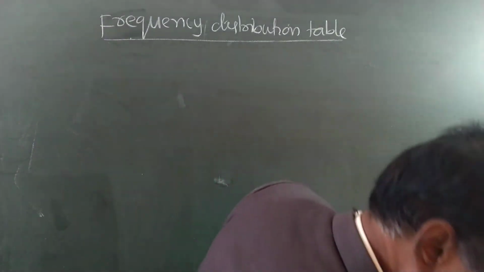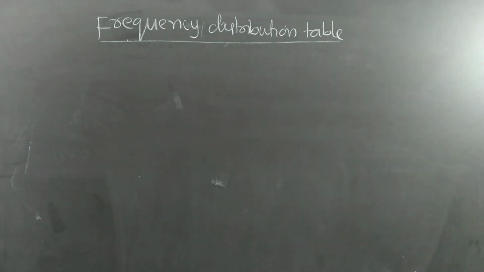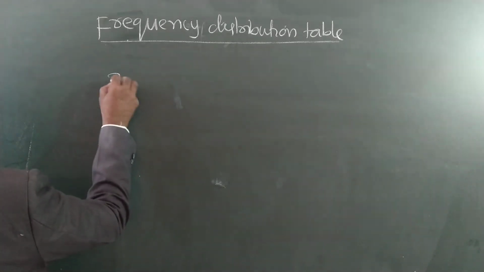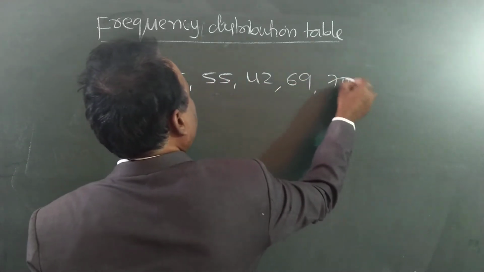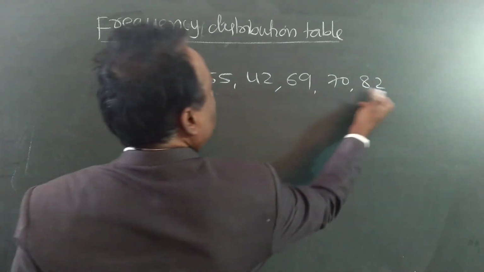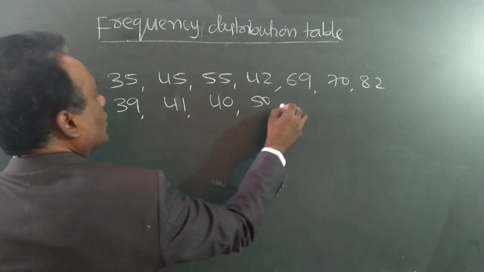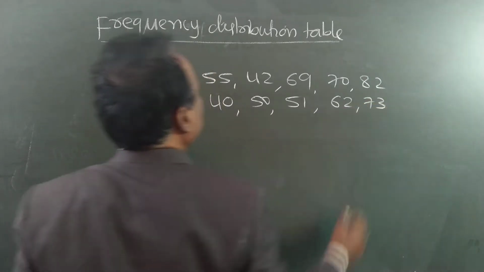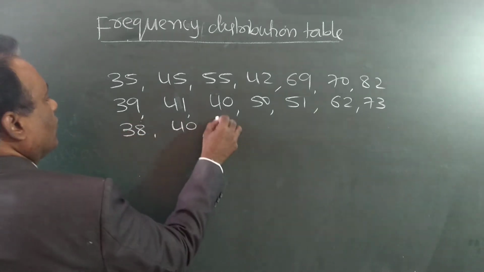Students, I will give one example. Suppose the marks of 20 students in a class out of 100 are given like this: 35, 45, 55, 42, 69, 70, 82, 39, 41, 40, 50, 51, 62, 73, 38, 40, 42, 43.